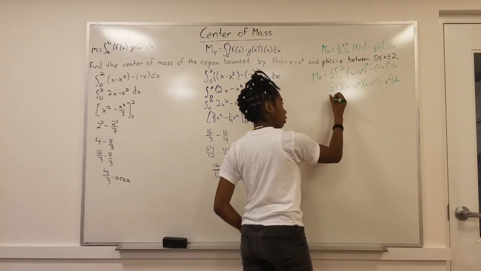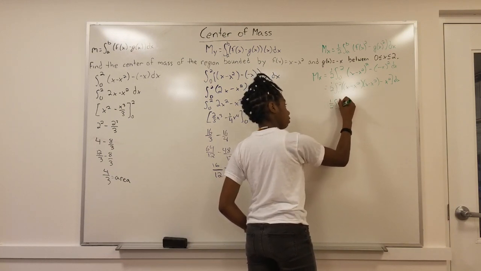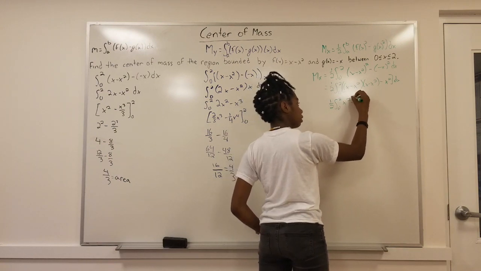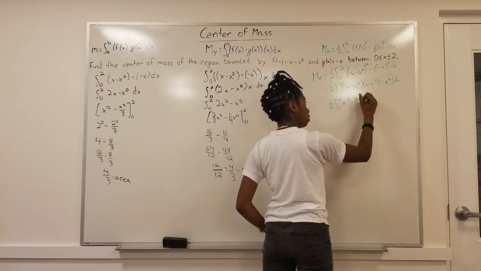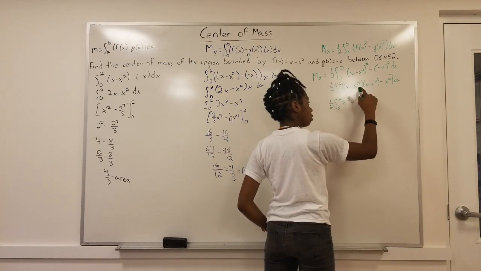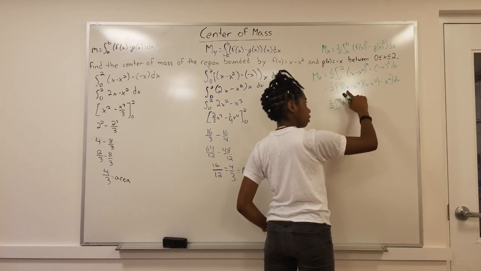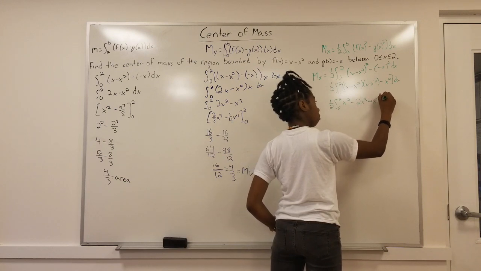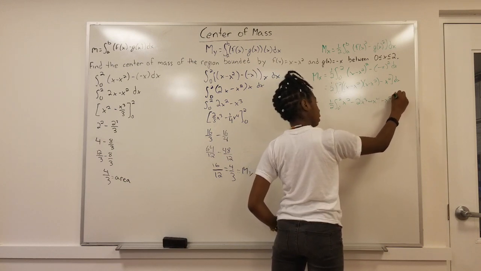Then you do FOIL, 1/2 the integral of 0 to 2 of x squared minus 2x cubed plus x to the fourth minus x squared dx.